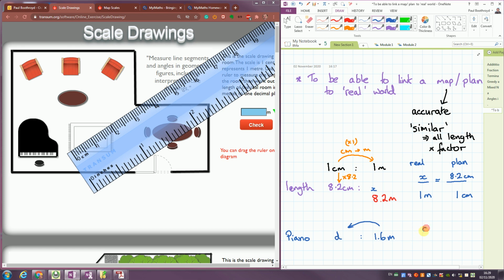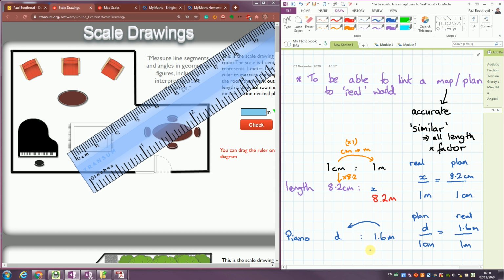Formally, I could do it as d divided by its scale factor, 1 centimetre, because now we're talking about the plan, and we're talking real. We know it is 1.6 metres, and my equivalent would be 1 metre.